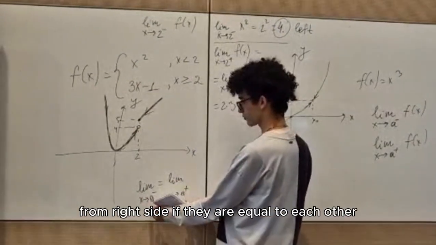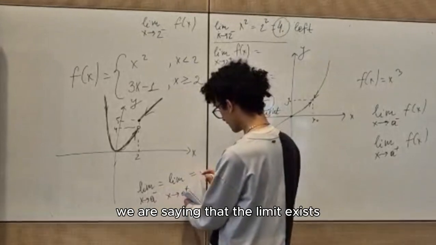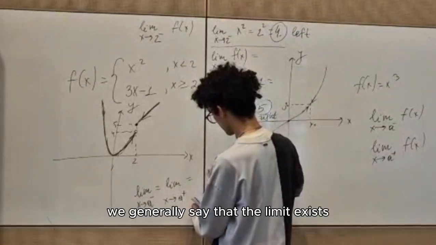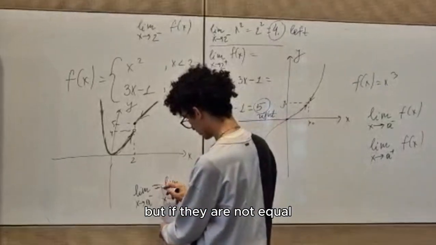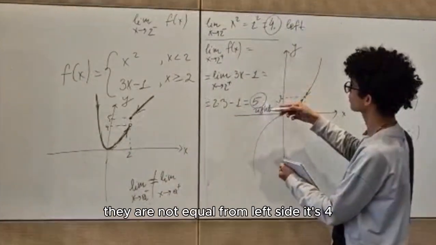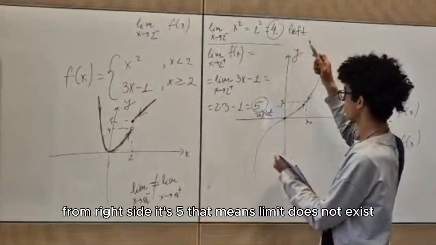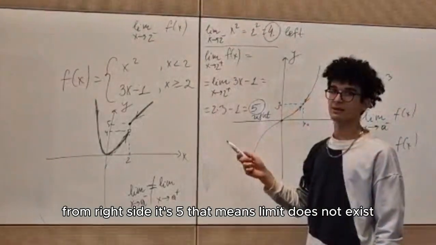If they are equal to each other from left side and right side, we generally say that the limit exists. But if they are not equal, which in that case, as you can see, they are not equal. From the left side it's 4, from the right side it's 5. That means the limit does not exist.